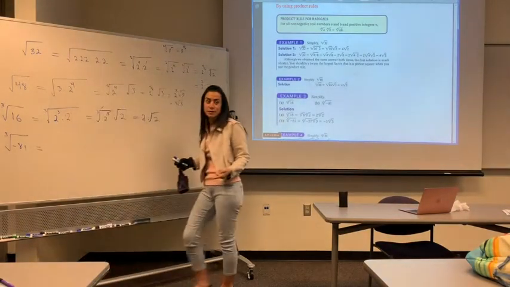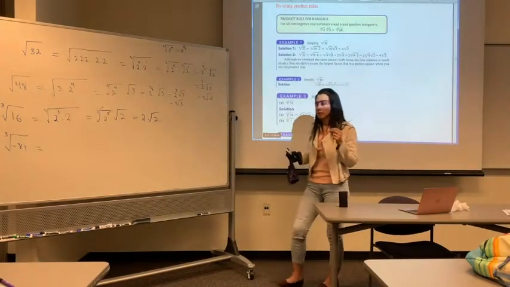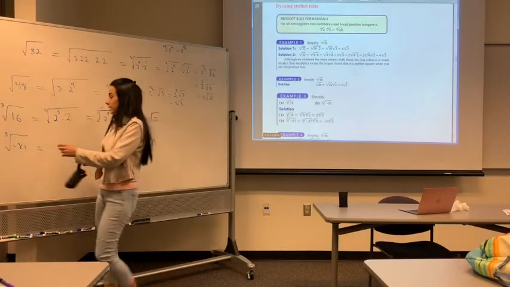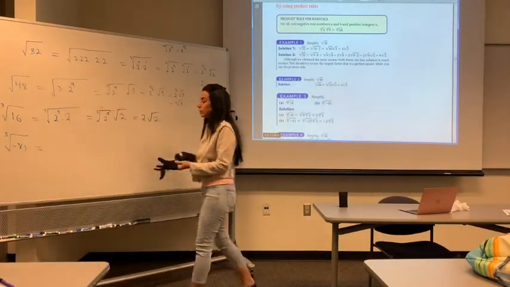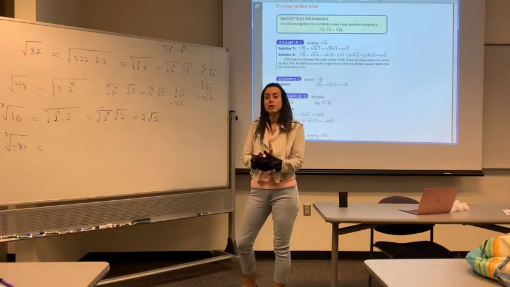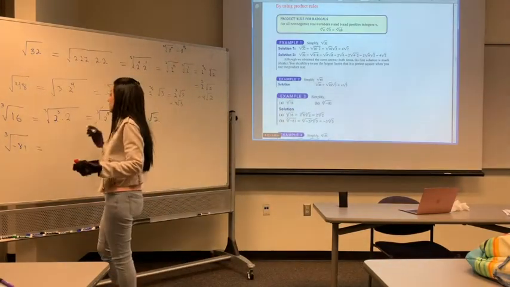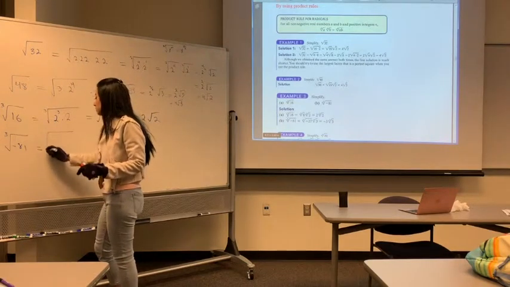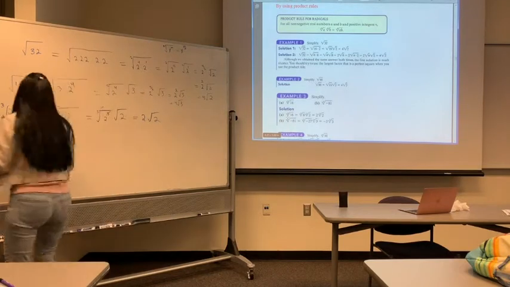But when we have a negative number under a radical with an even index, like 2 or 4, we should be careful. Later in this chapter, we will talk about imaginary numbers and how we can solve those kinds of radicals. Now let's keep this negative, and I want to break this down.